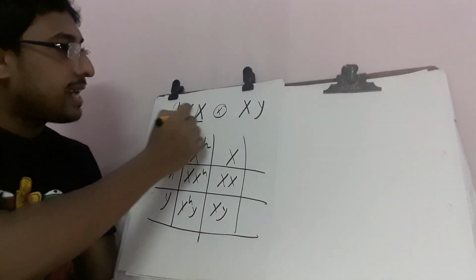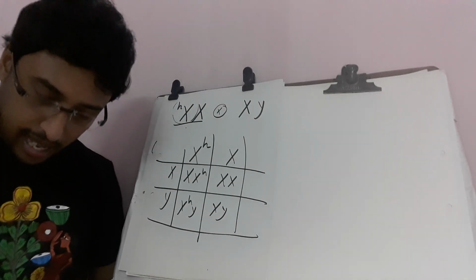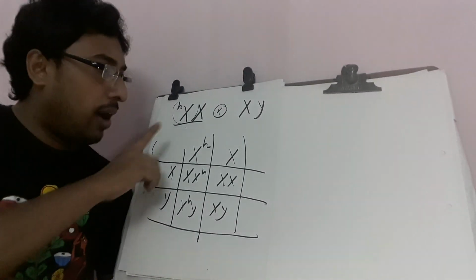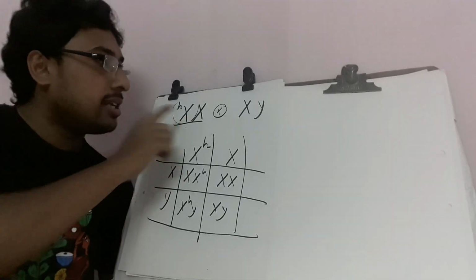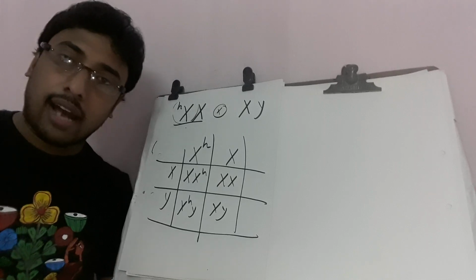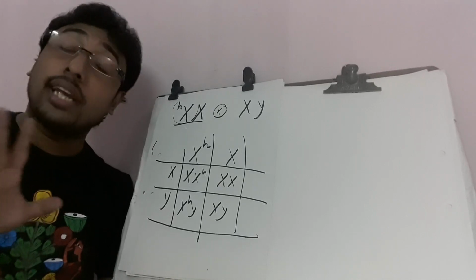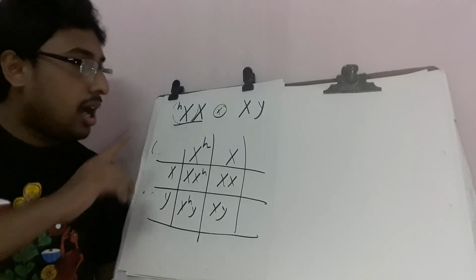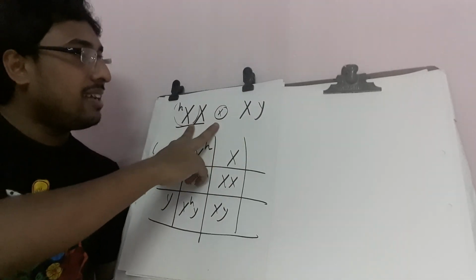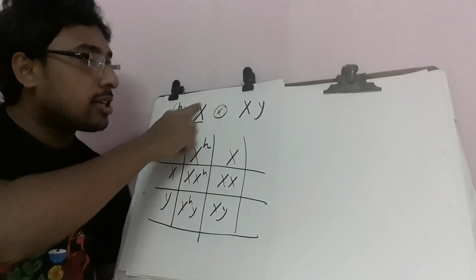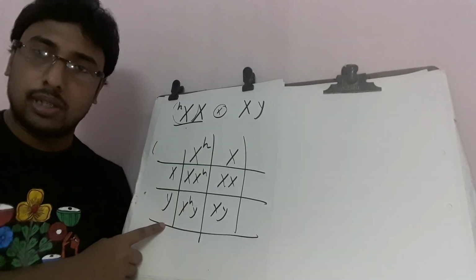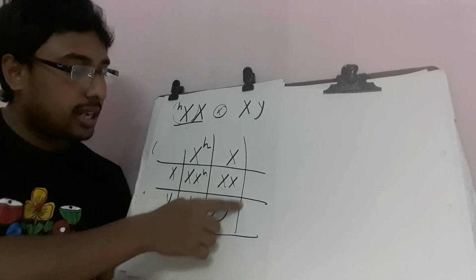Here in XX, one X is affected. In a female, two X chromosomes are there. If one is affected and the other one is normal, then the female is a carrier. She will not be affected, she is not hemophilic, she is a carrier. And if the father is normal, then after sexual intercourse the possible combinations among their offspring are like that.